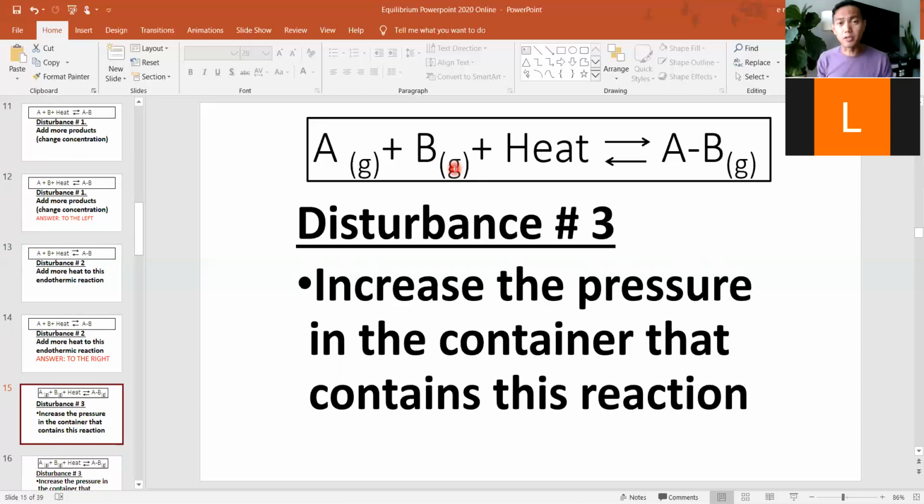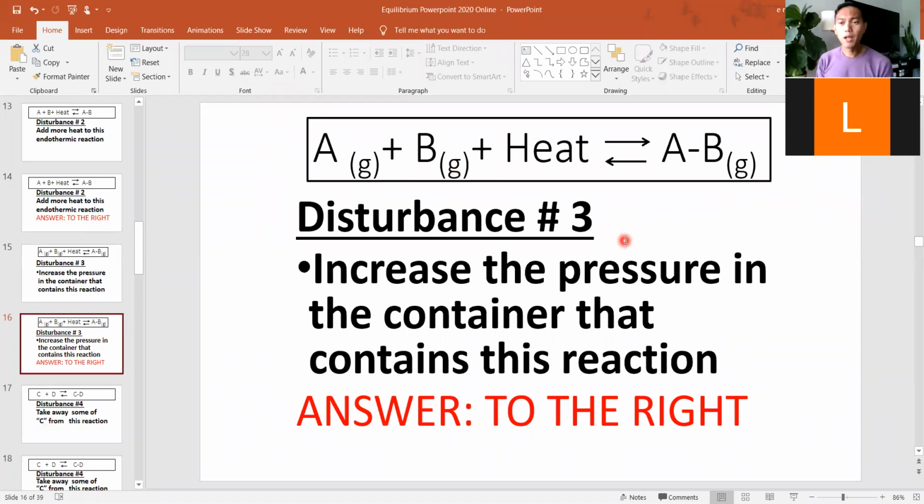I don't have a lot of space. So because you increase the pressure, meaning you decrease the volume, the tendency, based on Le Chatelier's principle, is to go to the side where there are fewer moles of gas. So if we increase the pressure, we want to go away from the side where they're taking up too much space. So the tendency here is to go to the right.